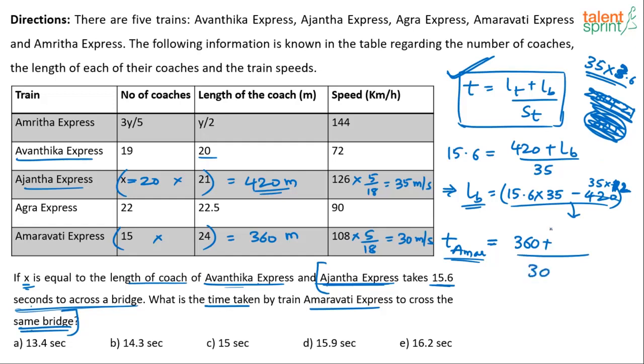Now what is this length of the bridge? 35 was common, 15.6 minus 12 is 3.6, 35 into 3.6. Now how do you get that? 35 into 3 is 105, 35 into 6 is 210, so 35 into 0.6 will be 21. So 105 plus 21 is 126.